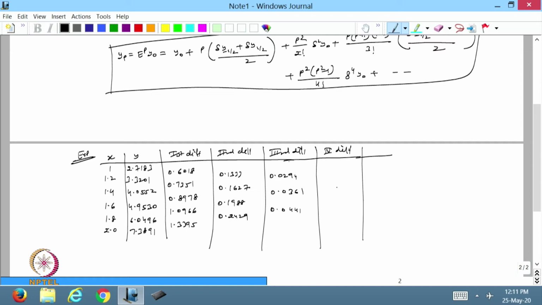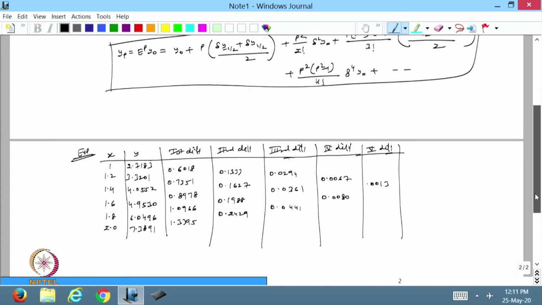The fourth difference will be 0.0067 and 0.0080, and the fifth difference, the last value, will be 0.0013. So this is the last value. So this is my difference table.